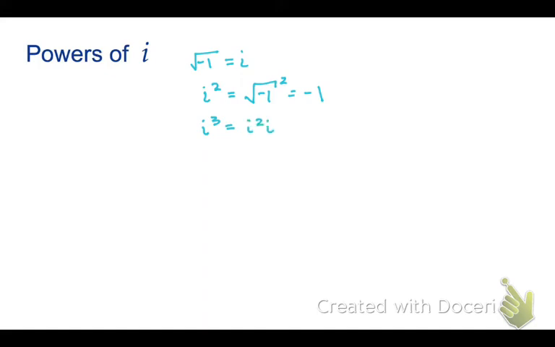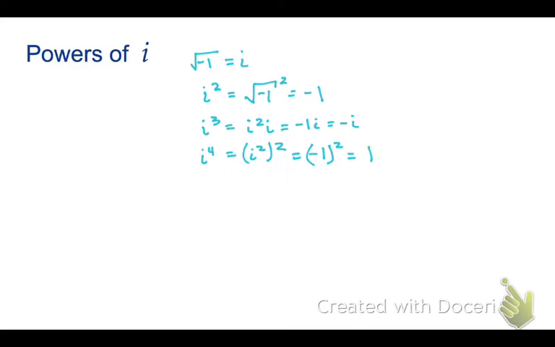Well, i squared was negative 1 times i would be negative i. And i to the fourth would be i squared squared, wouldn't it? Well, what is i squared? Negative 1. And we square negative 1 and we get 1.